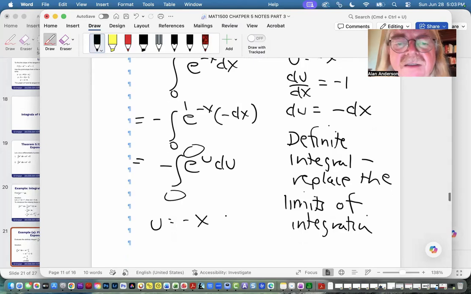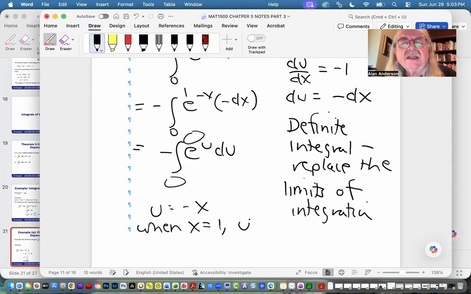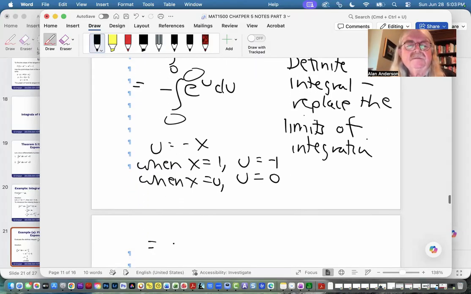So u is defined as negative x. So when x equals 1, u is negative 1. When x equals 0, u equals 0. So basically, we're going to take this and rewrite it as negative 1 to 0.